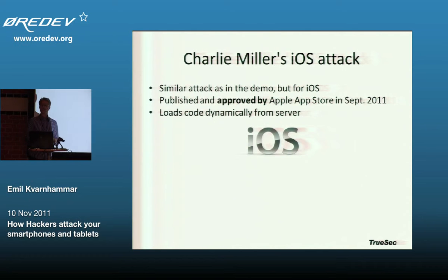What Apple didn't know is that the application loads code dynamically from a server, based on what he tells the server to do, of course. During the review phase, it didn't load any code dynamically from the server, because in that case it wouldn't get approved. But he published the attack this week, and that caused Apple to shut his developer account down for at least a year now.